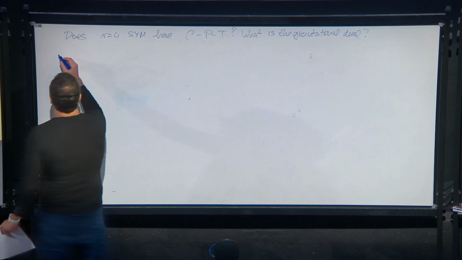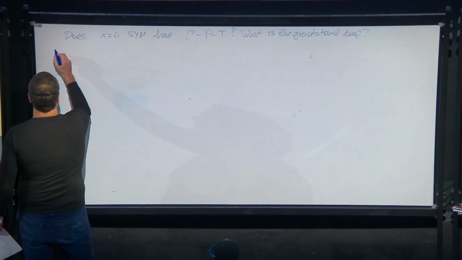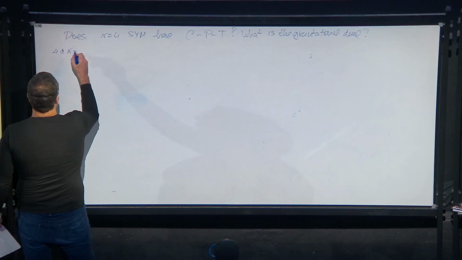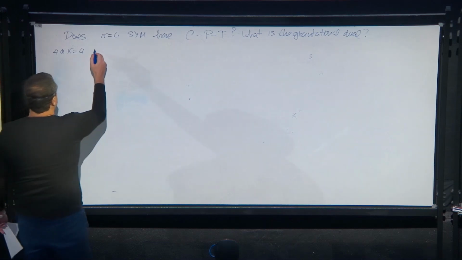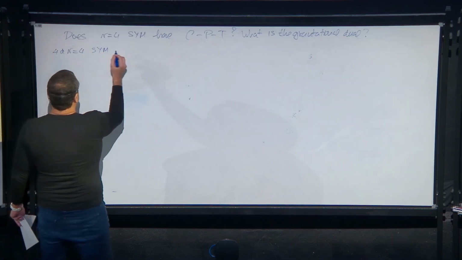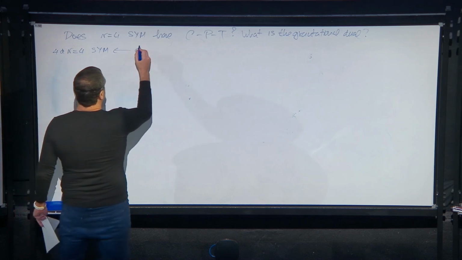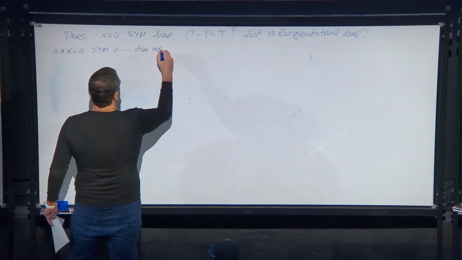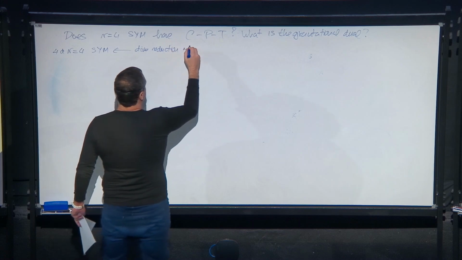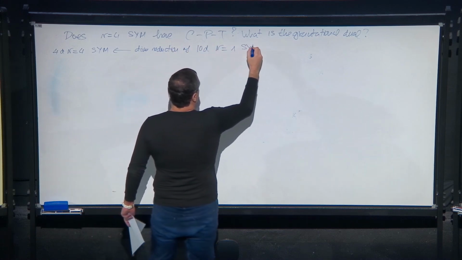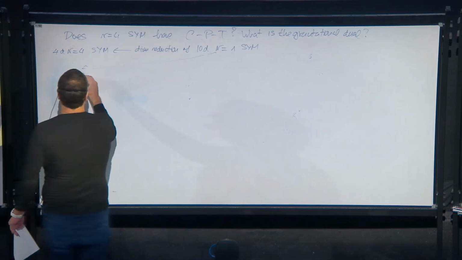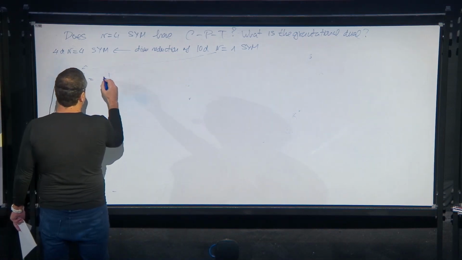So let's start: what is N equals 4 super Yang-Mills? One very useful perspective, and you will see why, is that it is obtained as a dimensional reduction of 10-dimensional N equals 1 super Yang-Mills. This is a theory of a connection.